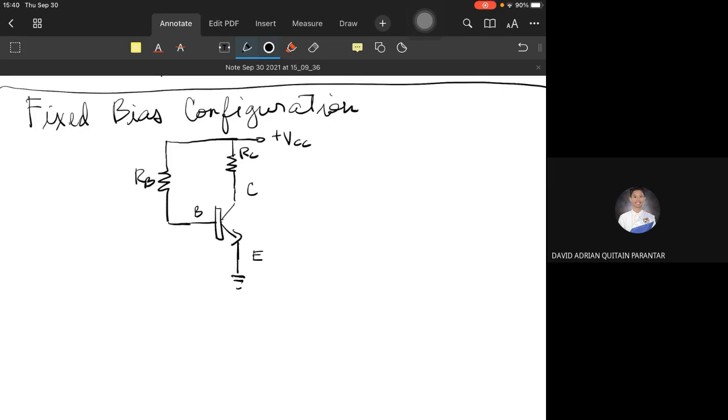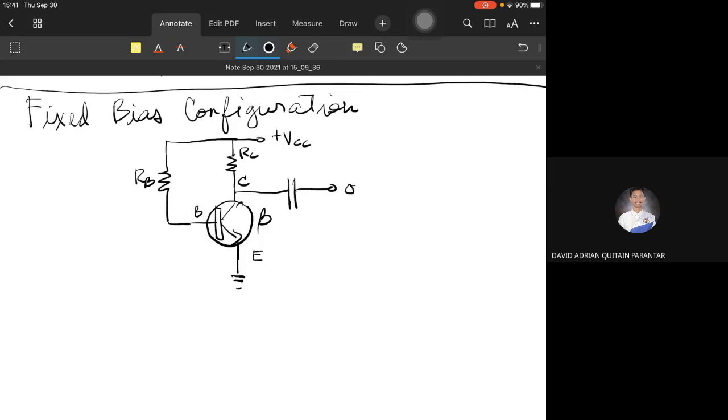Our transistor is characterized by the DC current gain, beta. Then we connect the capacitors.